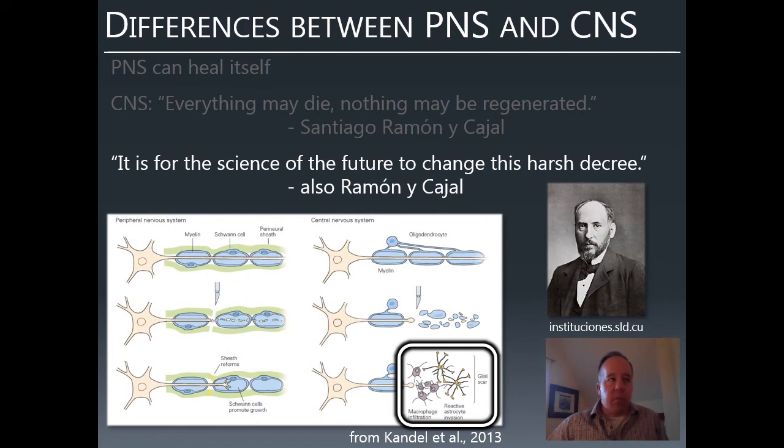And so the CNS strikes a balance between overgrowth and healing slowly and repairing quickly, even at the expense of losing function. And so the hope is that at least locally we can do something, apply a chemical, do some gene therapy local to the injury so that it acts more like the PNS, less like the CNS, at least temporarily.